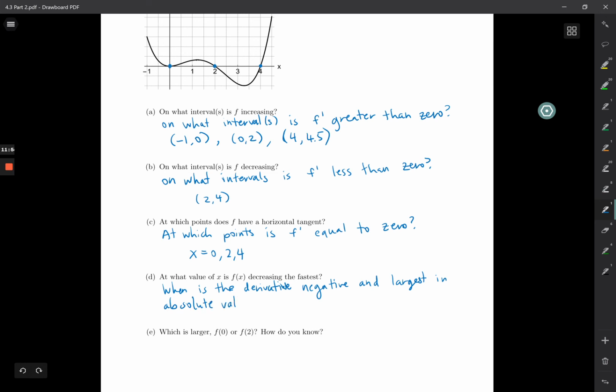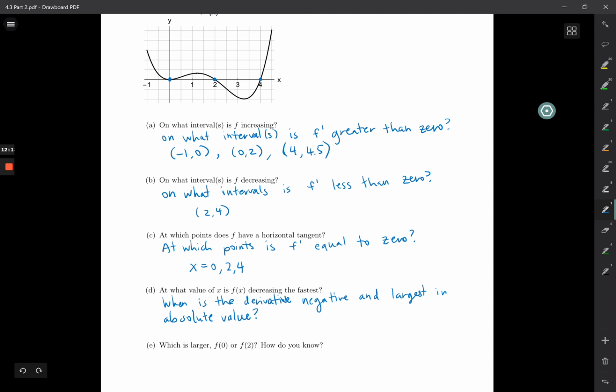Or you could think of this as largest in magnitude. So that means that the value is negative, but the actual size, if we were to take the absolute value of that, would be largest.